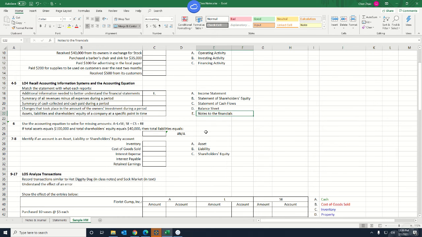It's just a note to the financials. Sometimes in the note, you will mention, for example, we'll talk about depreciation later, and some firms will switch their depreciation method from straight line to double declining or something like that. So you will need to clarify that in the financial statement note.